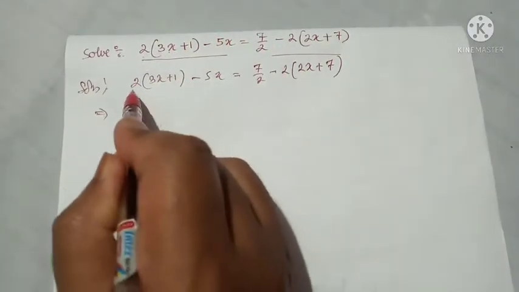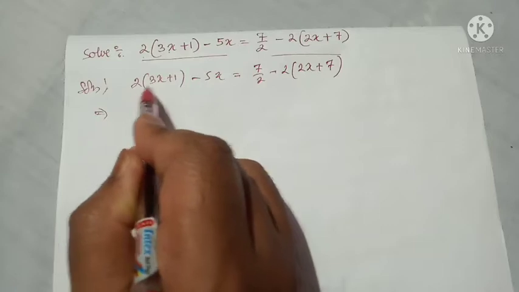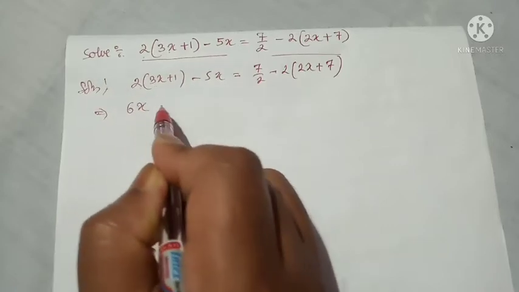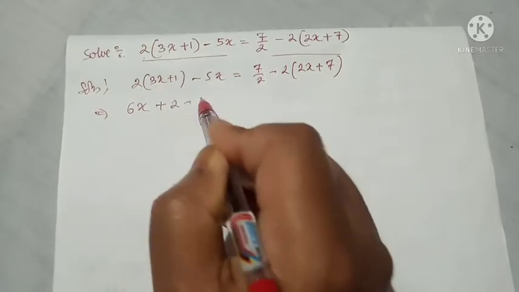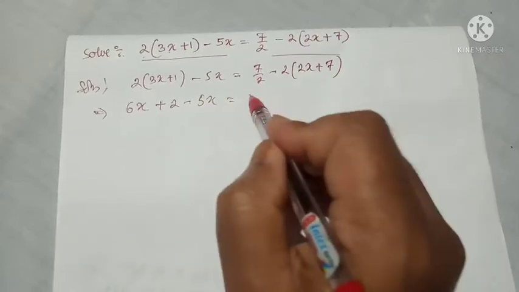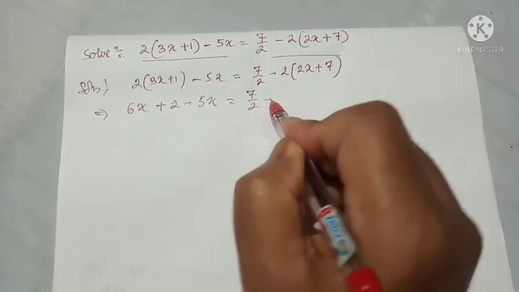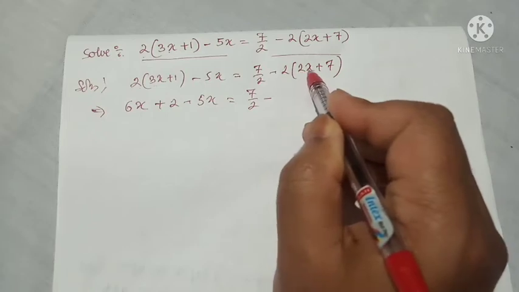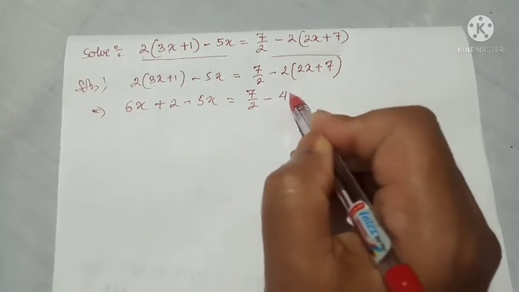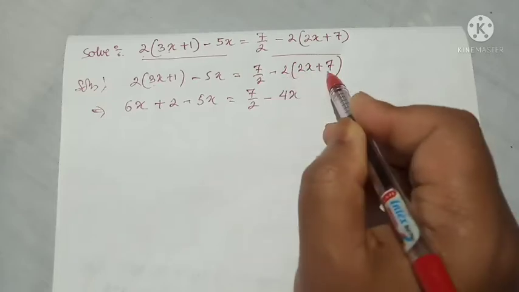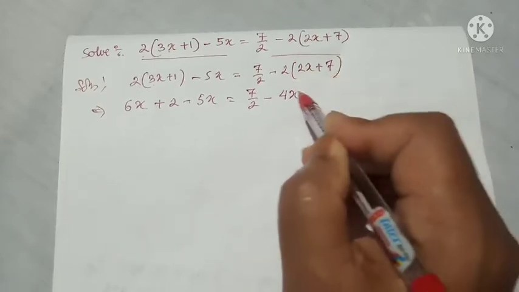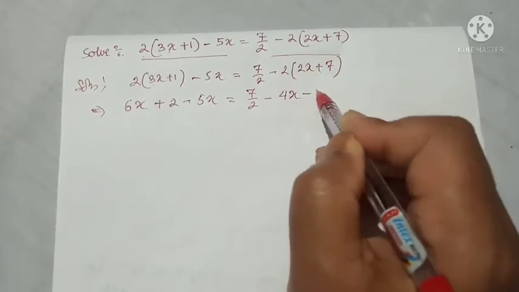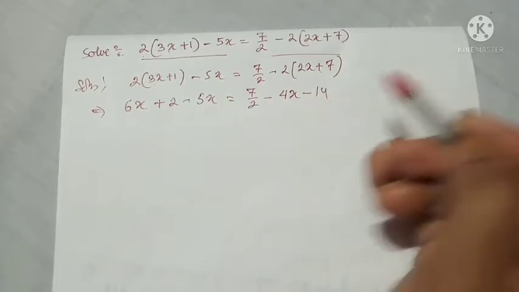If you multiply 2 and 3x, you will get 6x plus 2 minus 5x. Then 7 by 2 minus, if you multiply 2 and minus 2x, you will get 4x. If you multiply with 7, minus plus minus, the answer will be 14.